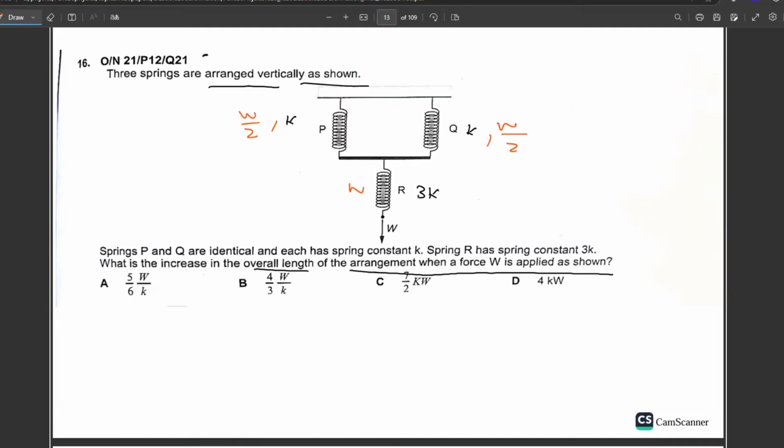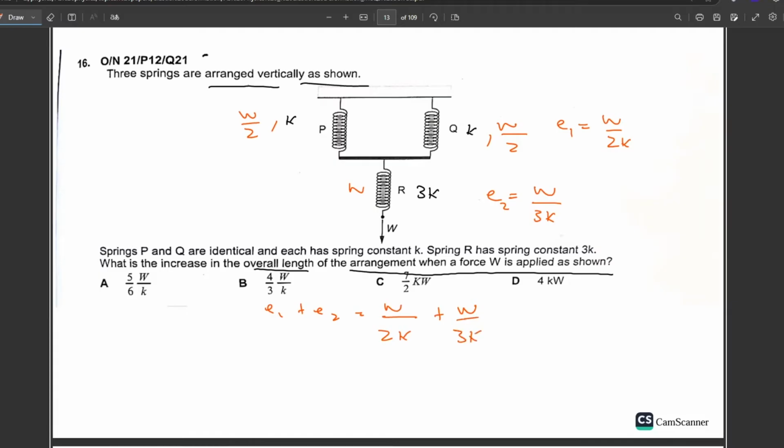Simple. Can we calculate the extension here? Yes. Extension is equal to W over 3K. Perfect. Can we calculate the extension of this? Yes. W over 2 over K. Perfect. Can we add up these two extensions? Yes. E1 plus E2, W upon 2K plus W upon 3K.